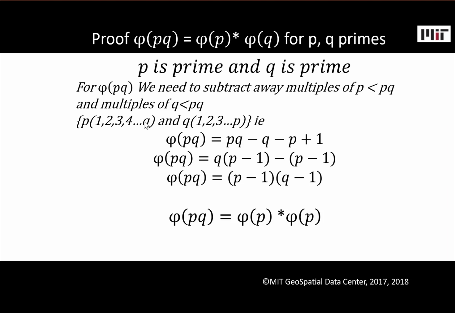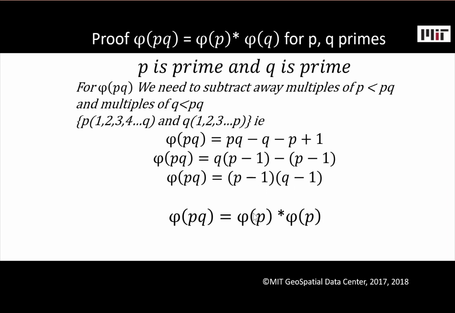So we've got Q of those to subtract and P of those. But PQ is counted twice, so I've got to add one at the end. So what we've got is the totient function of PQ is PQ minus Q minus P plus 1. If you just rearrange these, you'll see that it comes to P minus 1 times Q minus 1.